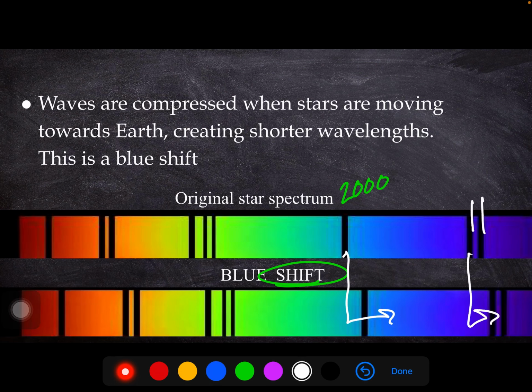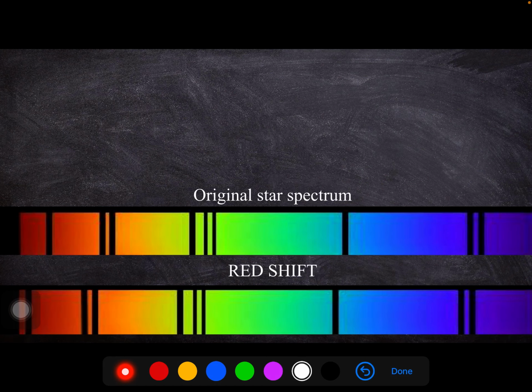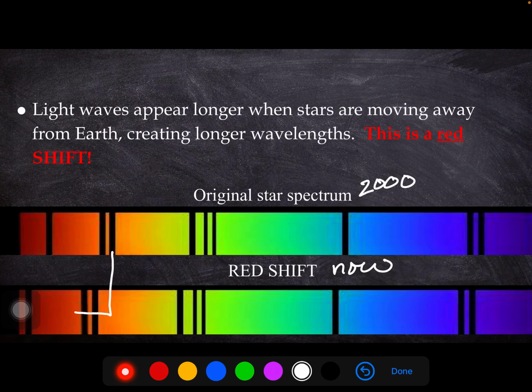These are the same two lines, but they've shifted slightly towards the blue side, or the shorter side, cluing us in that any stars with a blue shift move towards Earth. Here, the original star spectrum from the past, looking at it today, would show a shift towards the red. That would indicate to us that the wavelengths appear longer over time, meaning the star is moving away.